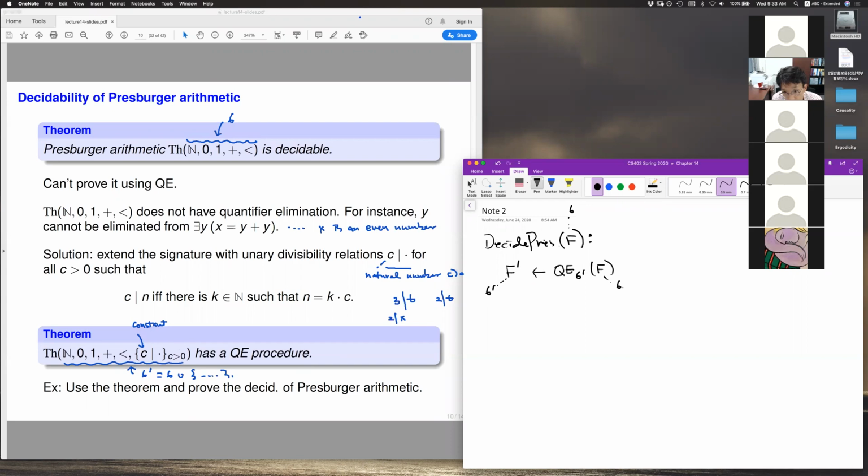So to answer this question, we have to decide whether F prime is an instance of this extended theory or not. Okay, so then it turns out this is quite easy. It's an extended quantifier-free Pressburger F prime. And then we can just take a result. But this part was quite easy.